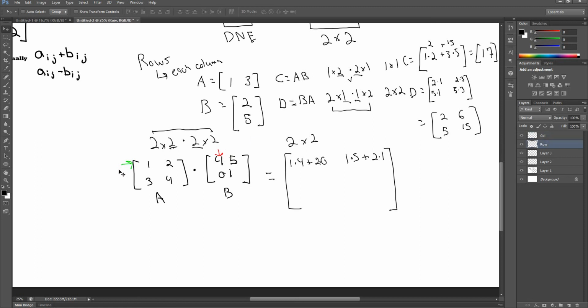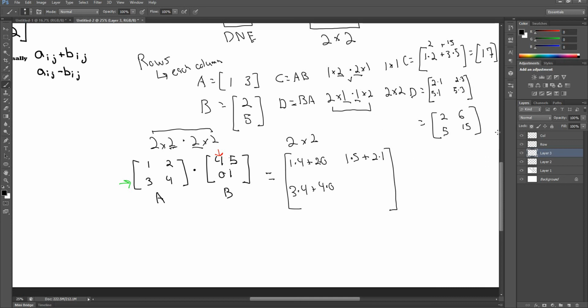And the row, we're now going to look at row 2. So now I have row 2, column 1 in my answer matrix. It's probably not the official term, but that's what I'm calling it. So we have 3, since that's entry 1, and entry 1 of the column is 4, so I have 3 times 4, plus entry 2 is 4, entry 2 is 0, 4 times 0.